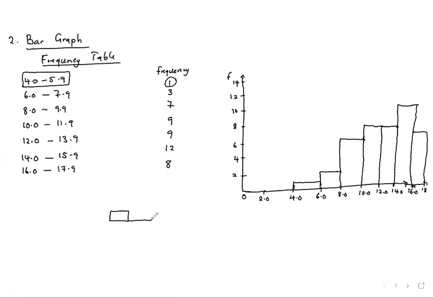It has 3 as the frequency, so it goes as far as 3. Then another base of the same size, 8 to 10. How far does it go? 7 up. That's how we constructed that structure there.